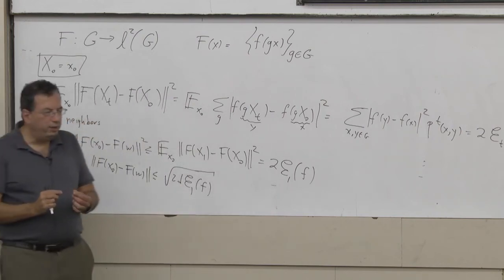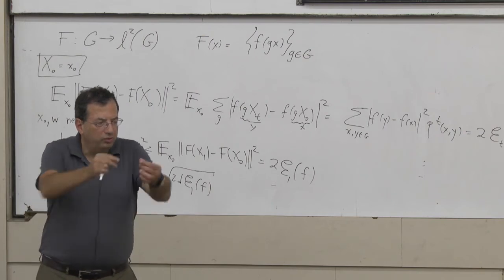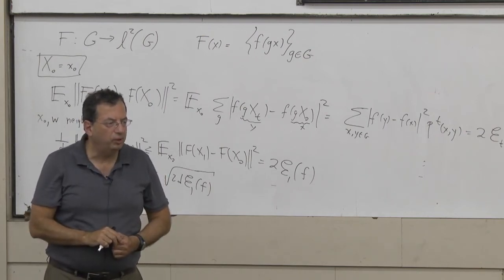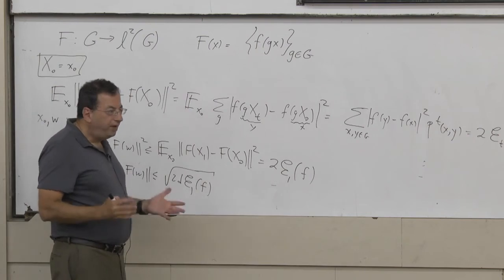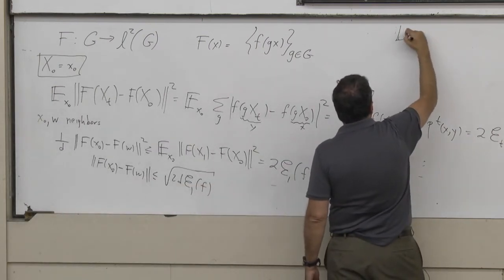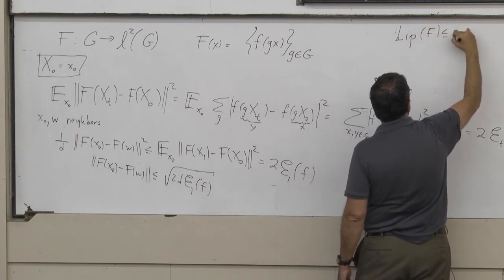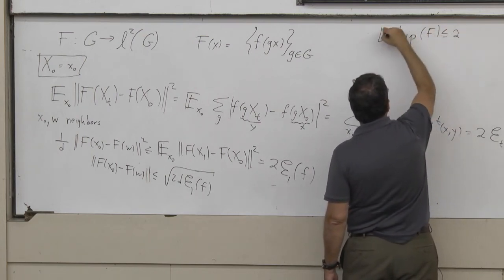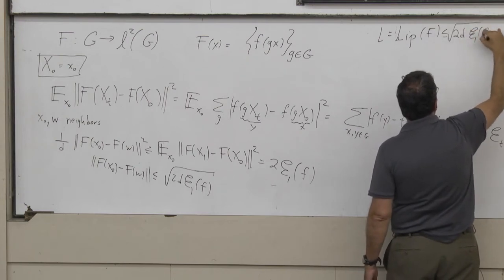So for any two neighbors, x0 is arbitrary, w is an arbitrary neighbor, the norm of the difference after applying f is bounded by this number. So in fact, f is Lipschitz. f is a Lipschitz function with the Lipschitz constant L at most root 2d E1 of f.